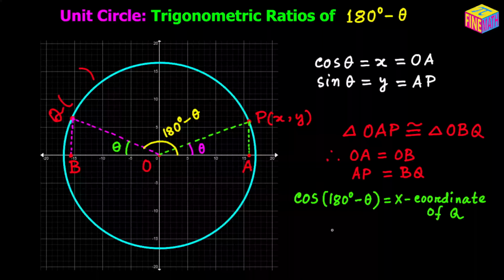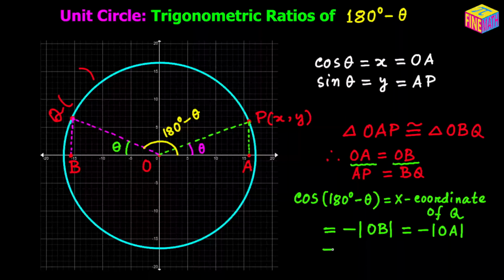And then what is the x coordinate of Q? If you look at the diagram, the x coordinate of Q is actually the length OB, however that is in the negative direction. I am putting a modulus sign, or absolute value sign, to indicate that we are talking about just the length of OB. So it will be negative of the OB length, and if you look at our note up above, OB is equal to OA, so this will be negative of the length OA.